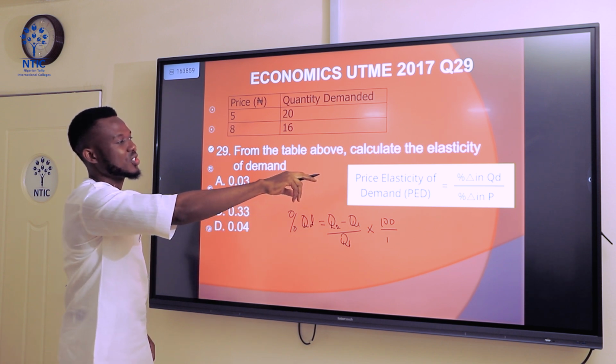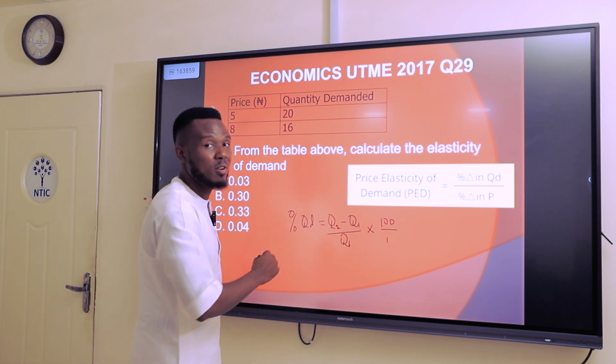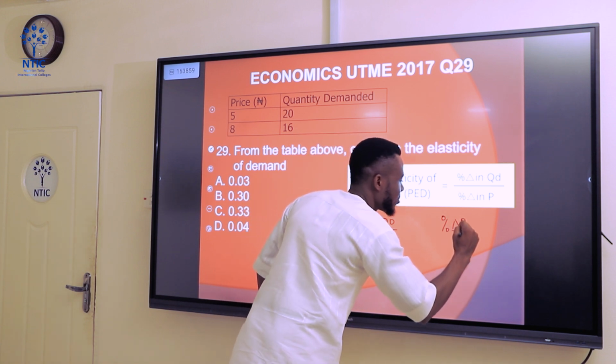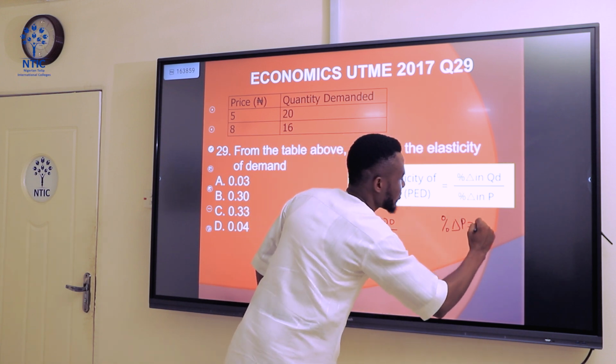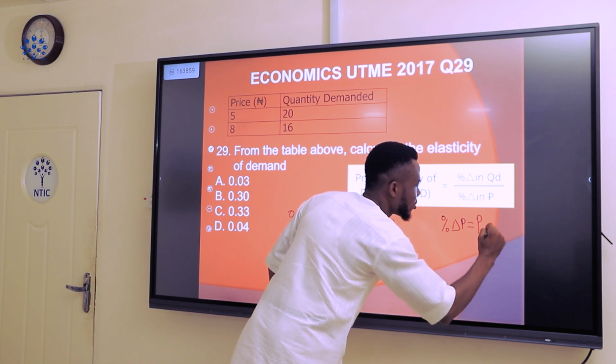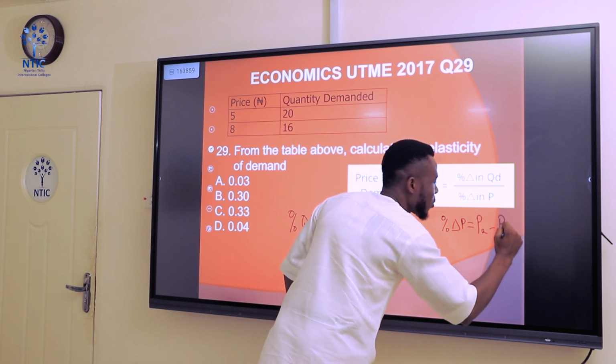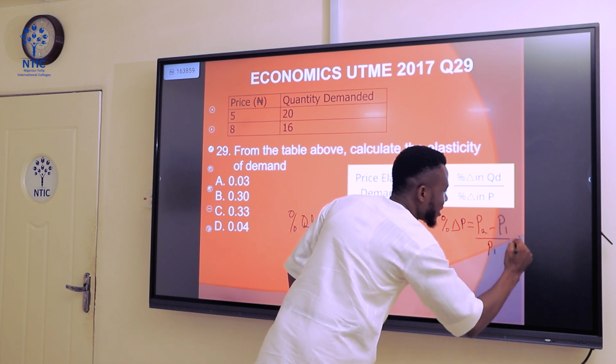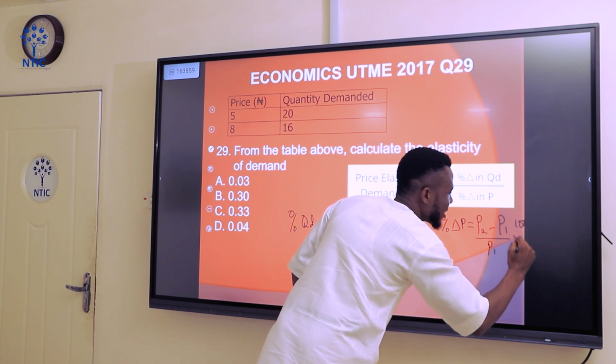And for the percentage change in price, a similar formula will be given. Percentage change in price is equal to the new price, P2, minus the old price, P1, all over the old price, P1, times 100 over 1.